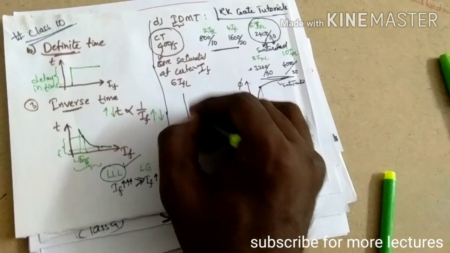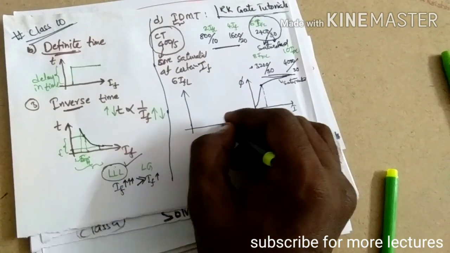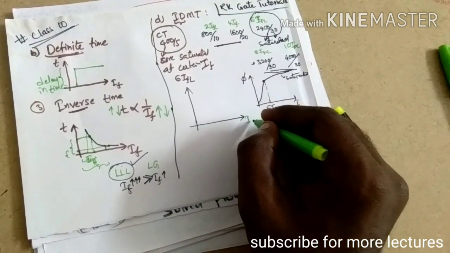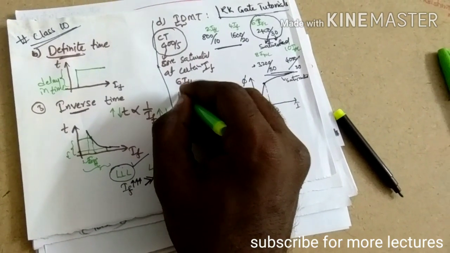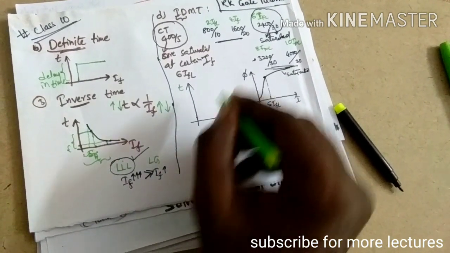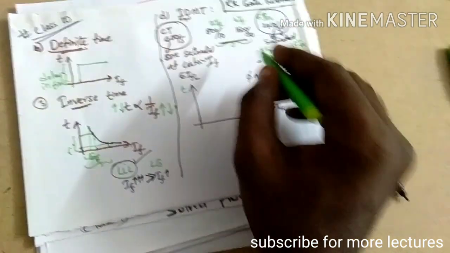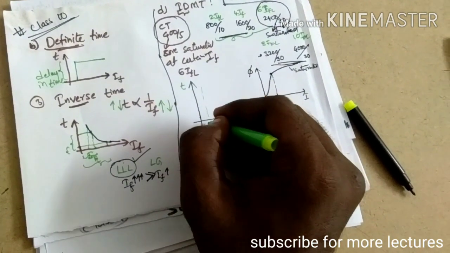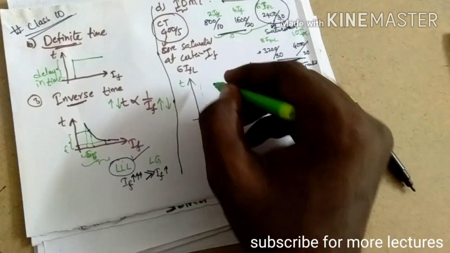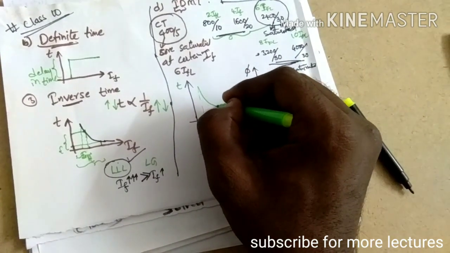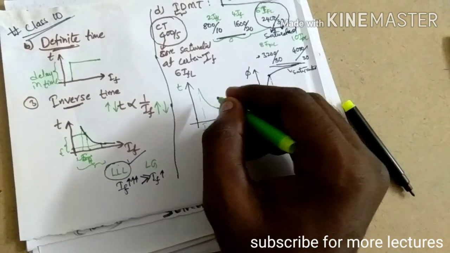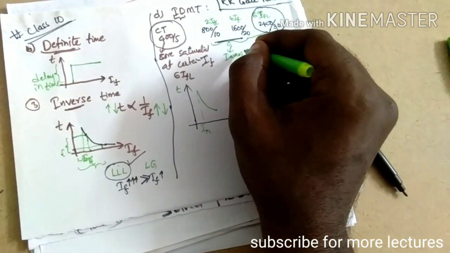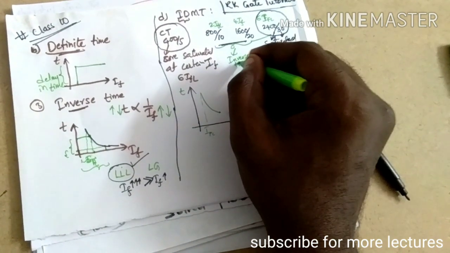Now if you see the time versus fault current characteristics, this is the fault current magnitude versus time of operation. Let us say this is the pickup current, the I pickup set value. Till the saturation, it acts as an inverse relay, so it is showing inverse time characteristics.